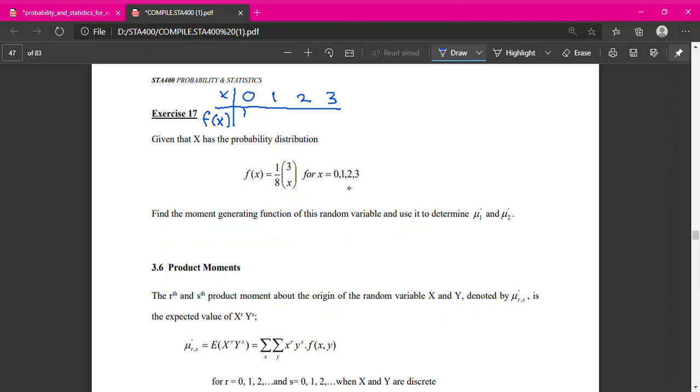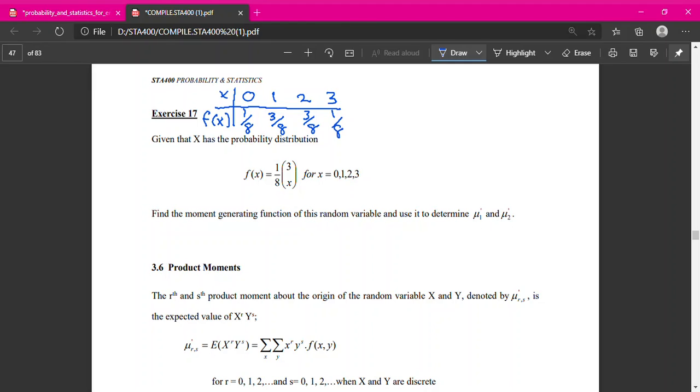So the answer will be 1 over 8. Yang kedua 3C1 is 3. So 3 over 8. 3C2 is 3. So it will be 3 over 8. And 3C3 is 1. So it will be 1 over 8. Is it true? Total of this should be 1.